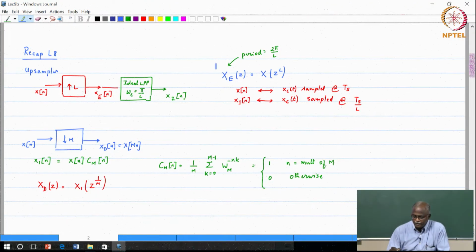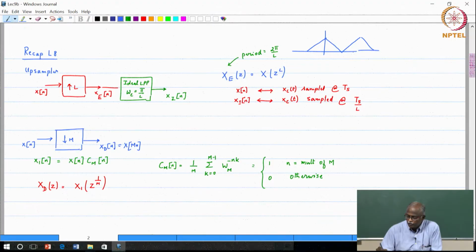Now we showed that the Z transform of the expanded signal is related to the spectrum of the input signal by X_e(z) = X(z^L). And again this, we said, introduces multiple images of the input spectrum. Just as a quick sketch of that, if this was the input spectrum going from 0 up to pi, then what you would get is the spectrum compressed.